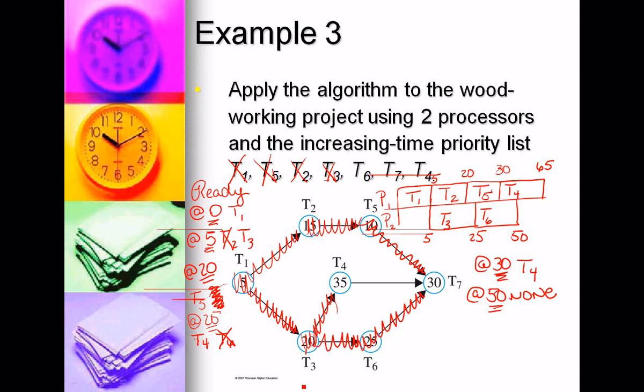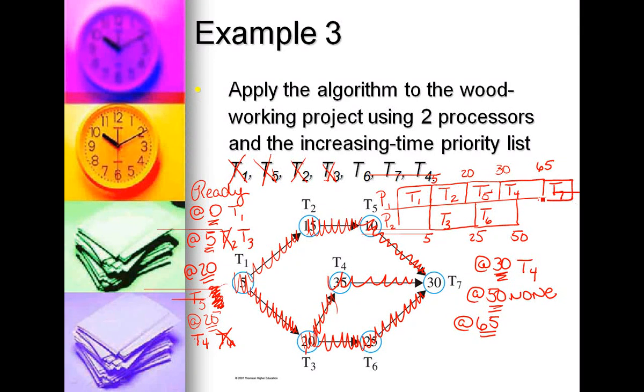So at the 65-minute time slot, T4 is now complete. That makes T7 ready. On the lowest numbered processor, we place T7. T7 has a length of 30. That takes us out to 95 minutes.